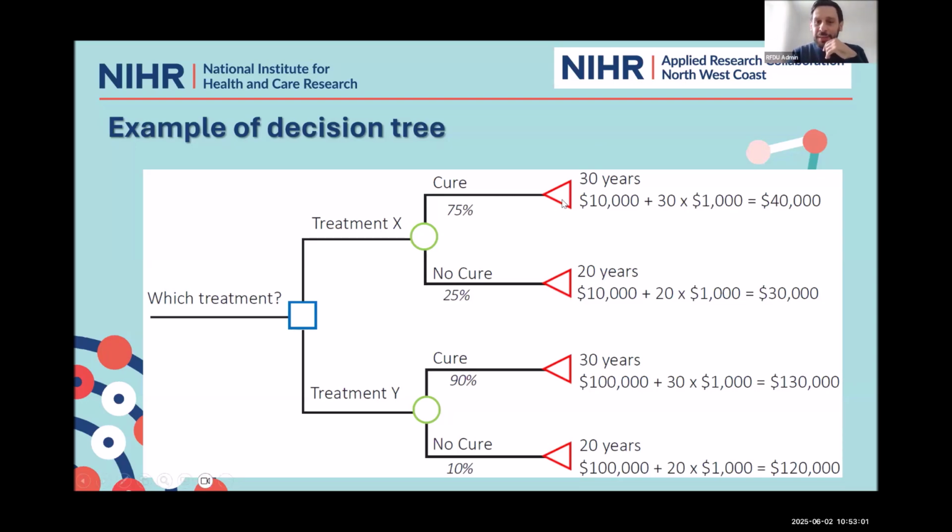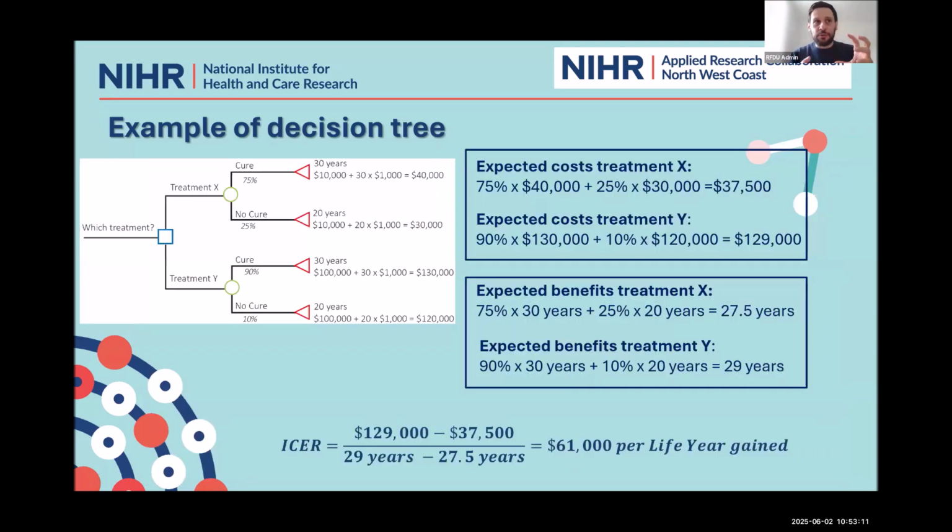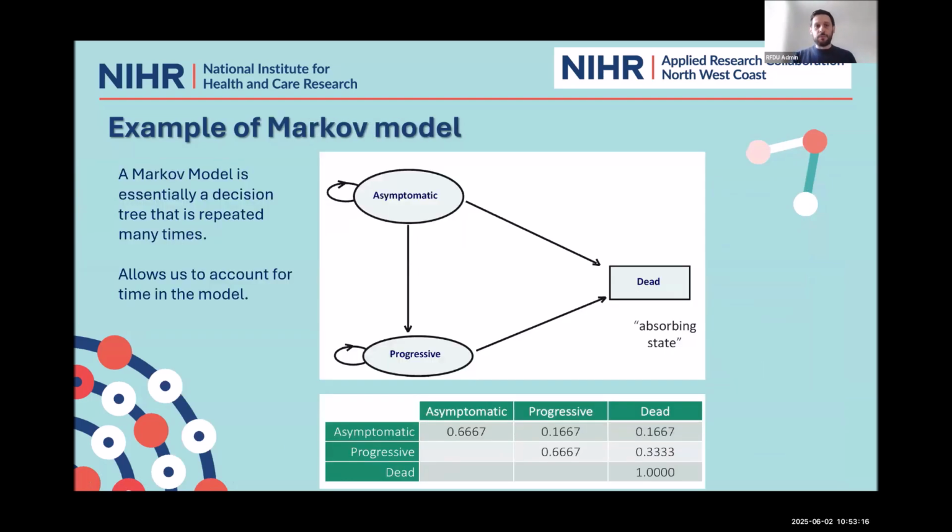That means that you will end up adding more and more branches to this decision tree and it will quickly become very difficult to handle. So rather than try to convert a very difficult prognosis into a decision tree, a lot of people use Markov models in economic evaluations, because we are trying to reflect these difficult prognoses, which might end up in complications, developing comorbidities, and different levels of quality of life for the patients.